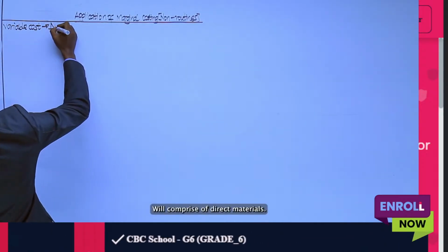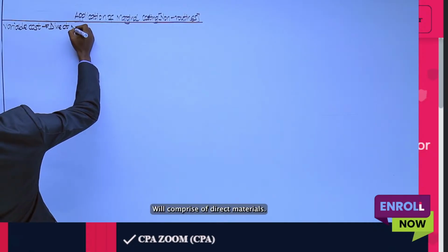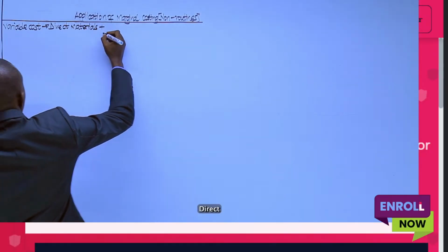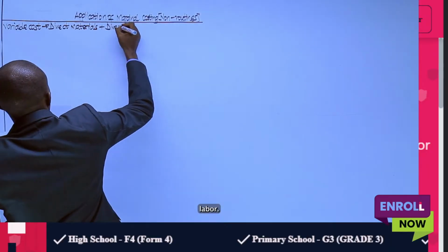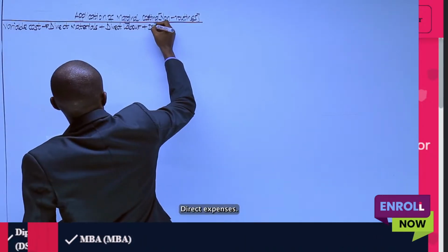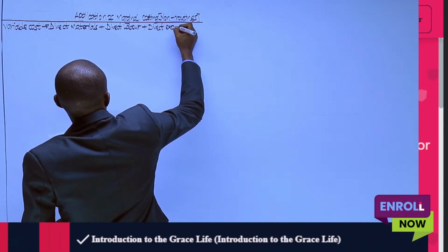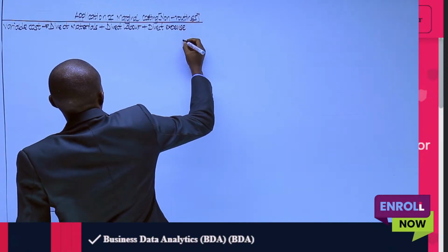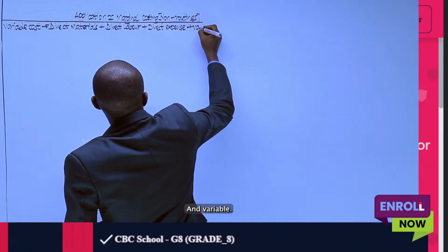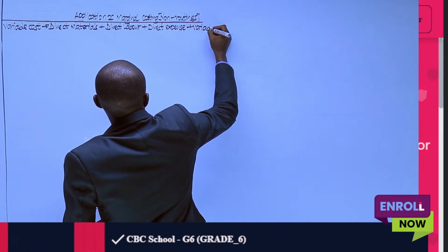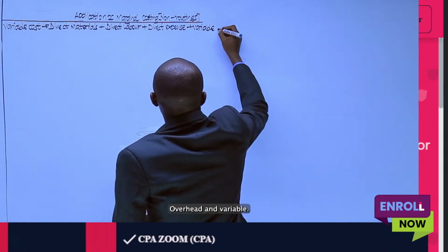will comprise direct materials, direct labor, direct expenses, and variable overheads.